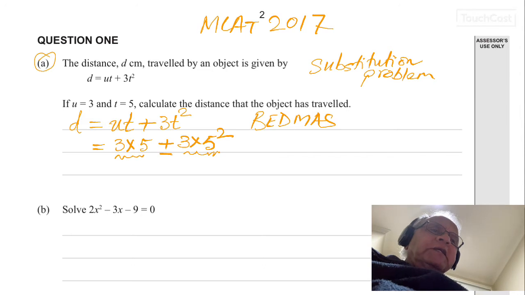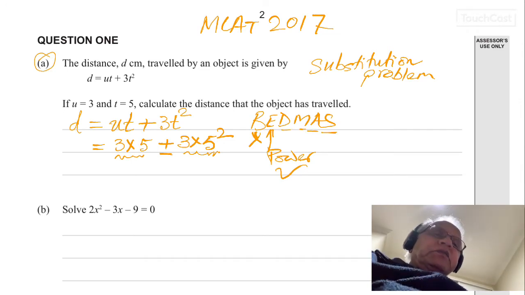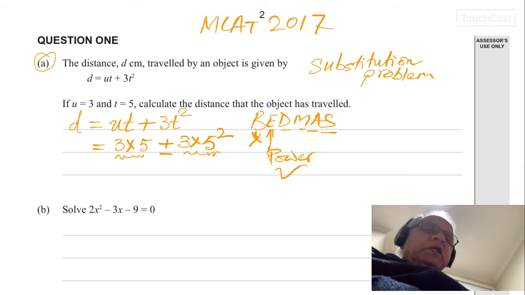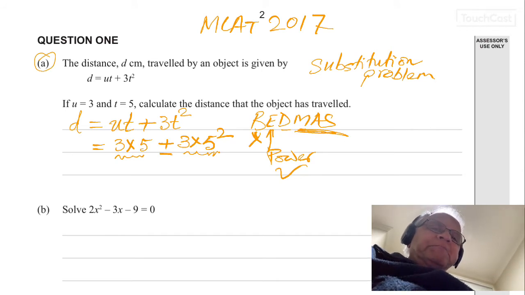So basically there are brackets. I don't have a bracket. I have an exponent, which is the power. So we have a powered number, and divide, multiply, add and subtract. If you follow the order from left to right for these ones, you will be all right.